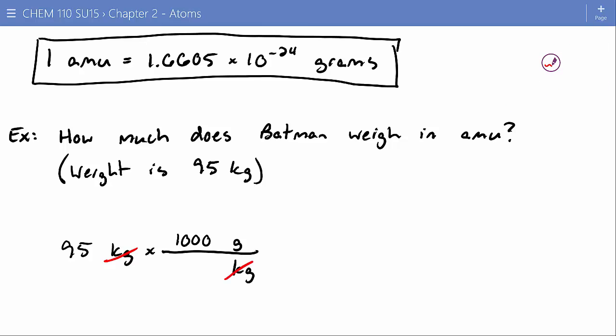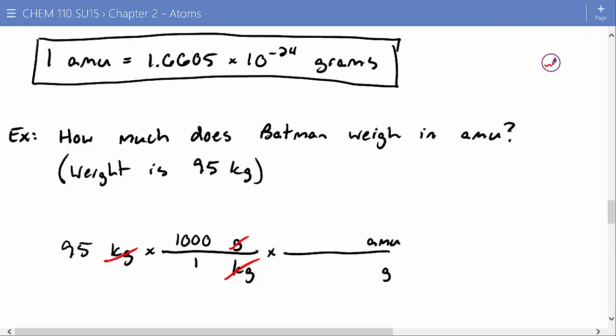Cancel out kilograms and kilograms. Put one on the bottom if we'd like. And then we need to cancel out grams, so we'll put grams on the bottom. And we want our final answer to be in AMU. So if we do this, we cancel out grams and grams and we'd be left with AMU, but what number goes where?